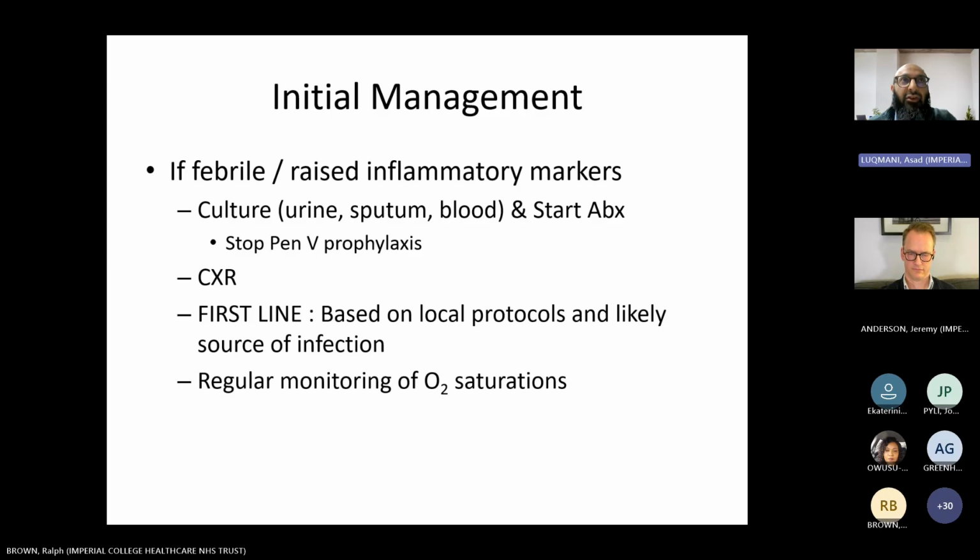If the saturations are only measured when they're on the oxygen, then we may be missing the fact that the patient has an associated respiratory complication. Next slide, please.